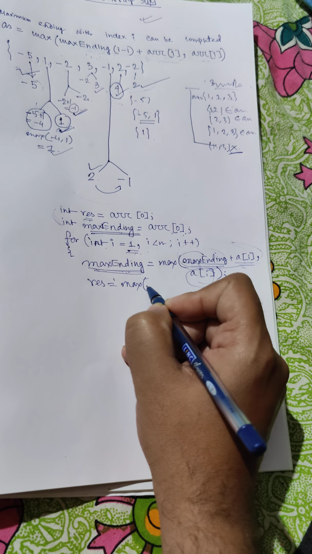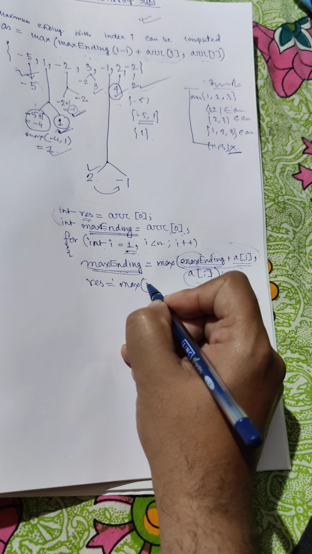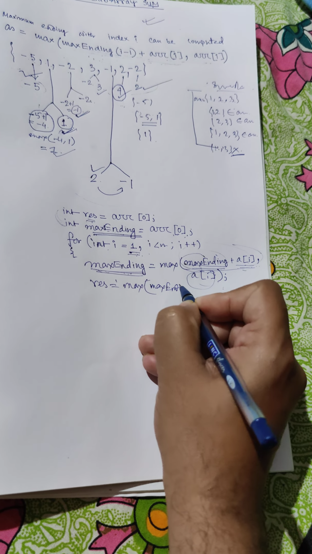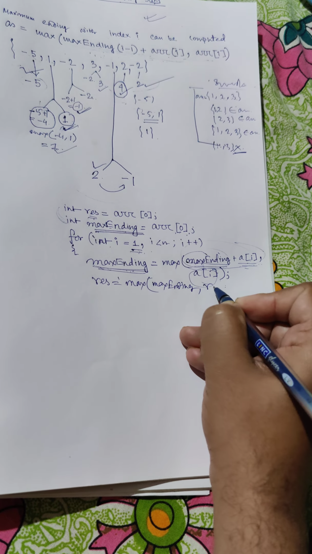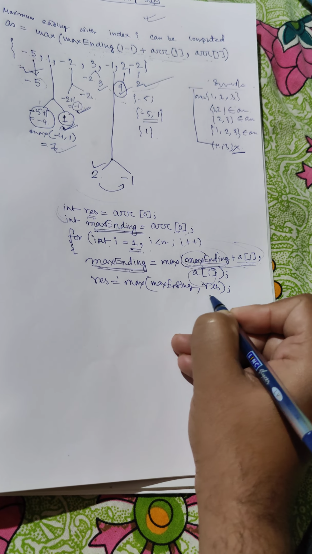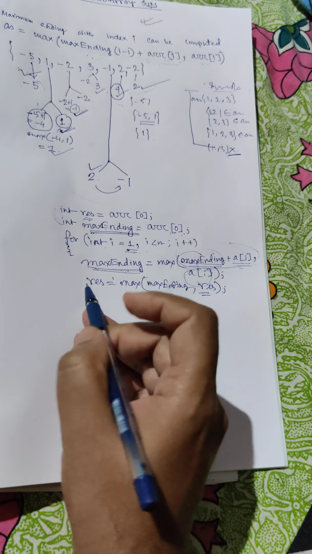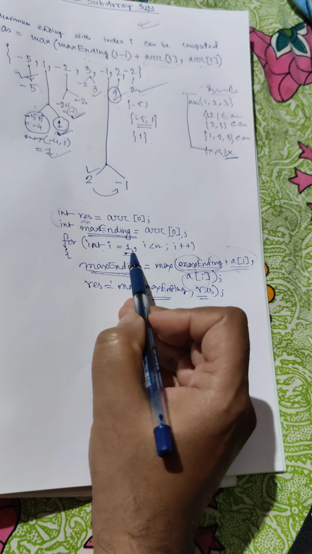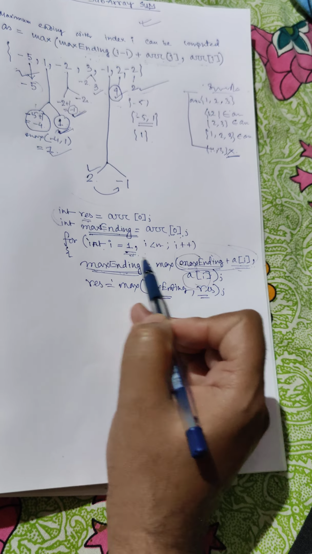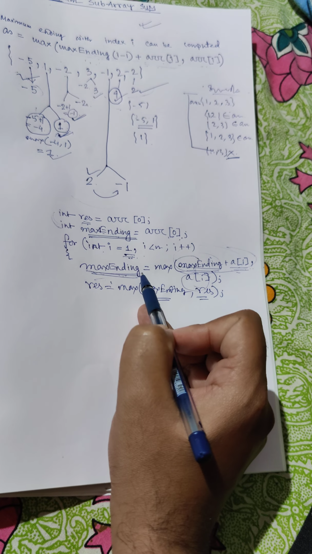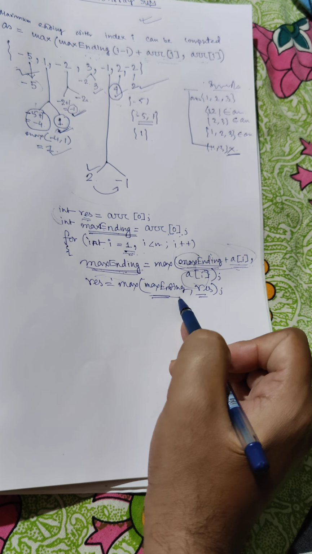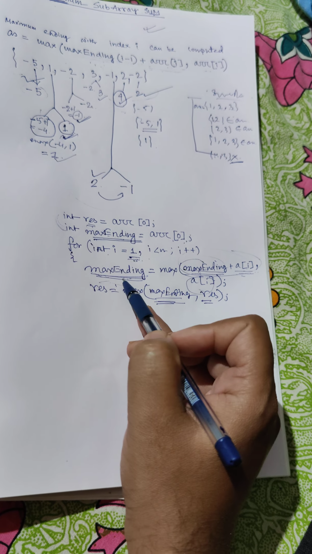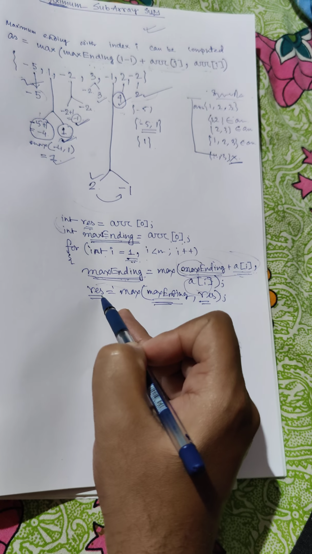We will define the max and check who is bigger between these two. In the first iteration, it is the second element. We calculate the second element's max ending, and compare it with the first element's max ending, and we get a result.